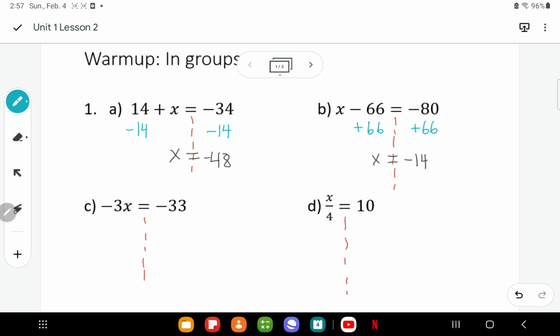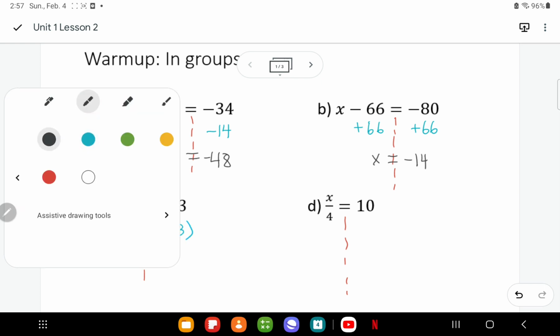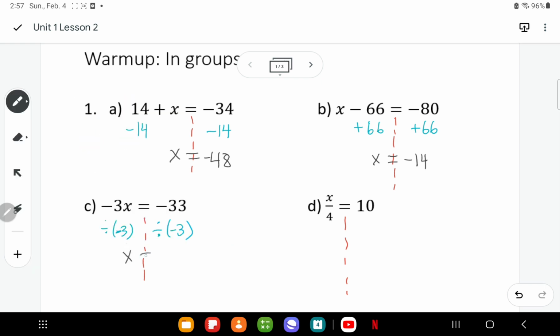For C, negative 3x equals negative 33. Remember that this operation in between the 3 and the x is a multiplication. So the opposite of that is to divide both sides by negative 3. So then we get x equals positive 11.